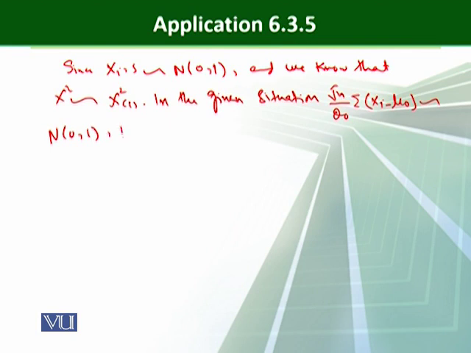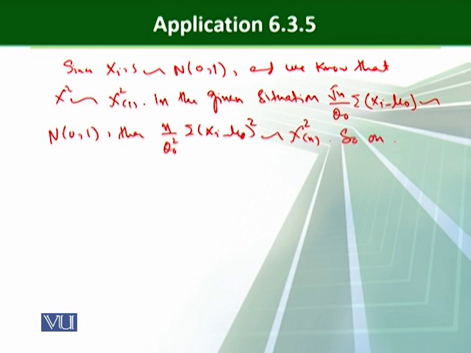Then 1 over theta naught times the sum of (Xi minus mu naught) square follows the chi-square with n degrees of freedom.